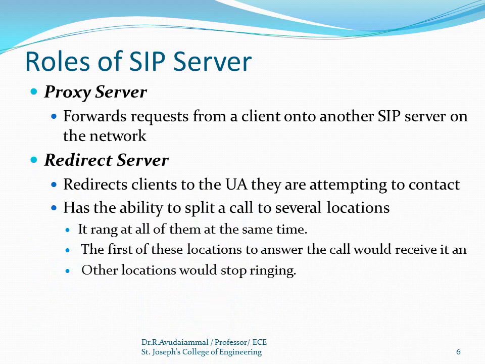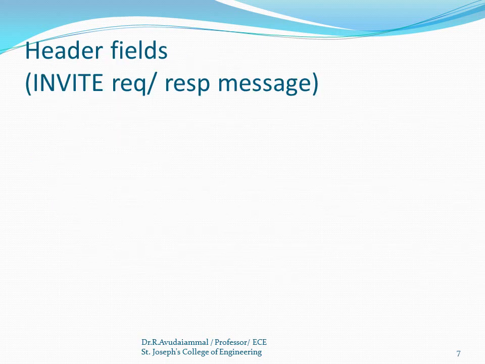If the user has been relocated from one location to another, from one SIP address to another SIP address, it helps to redirect the contact. It also has the ability to split a call to several locations, so it rings at all the places at the same time. The one who picks up, then the other calls are automatically stopped.